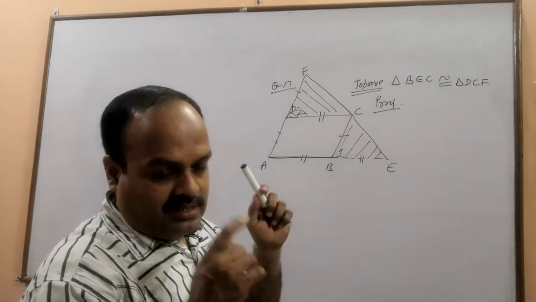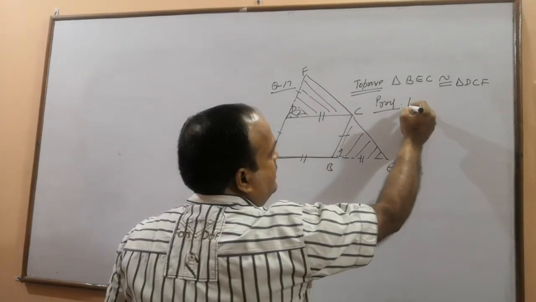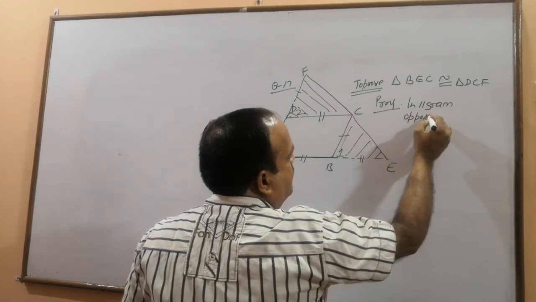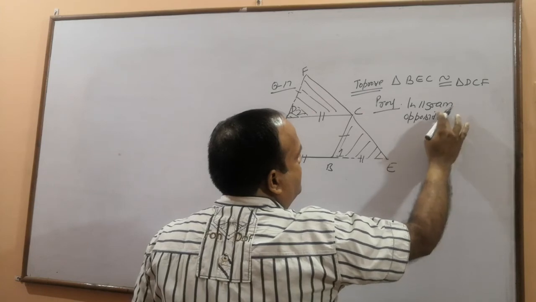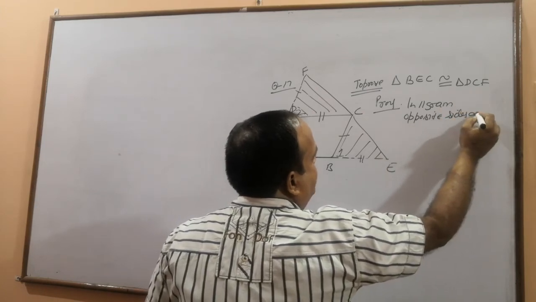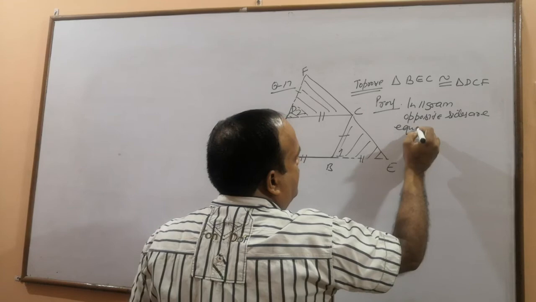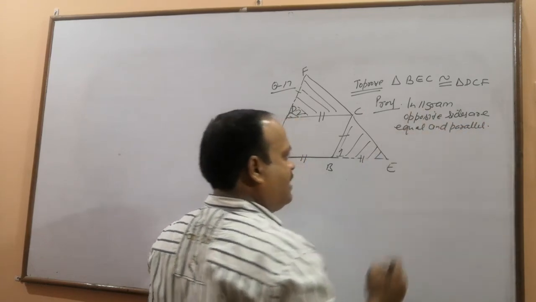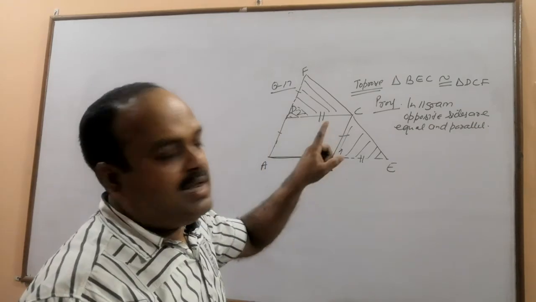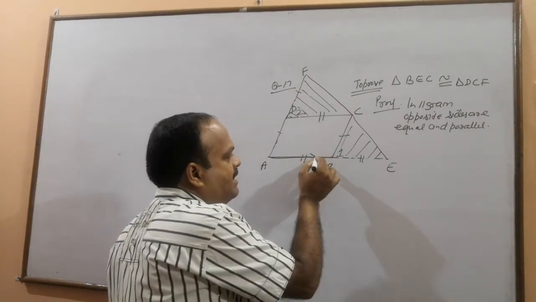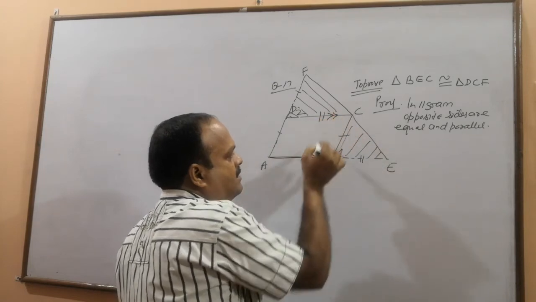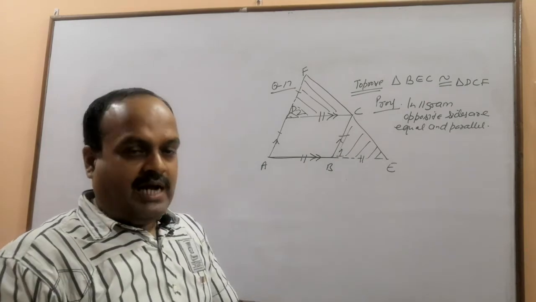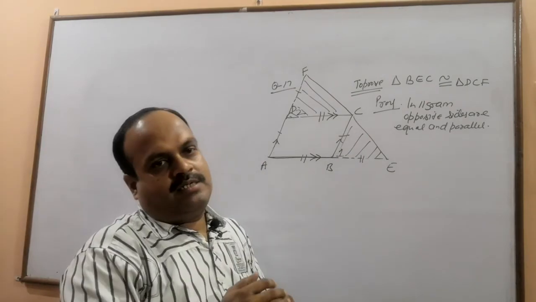So we will write it somewhere that in parallelogram opposite sides are equal and parallel. दोनों लिख लीजिए. और डायग्राम में सिंबल आपने ऑलरेडी बनाया है, बस पैरेलल का नहीं बनाया है, बना दीजिए. And you will not lose the mark, remember it.